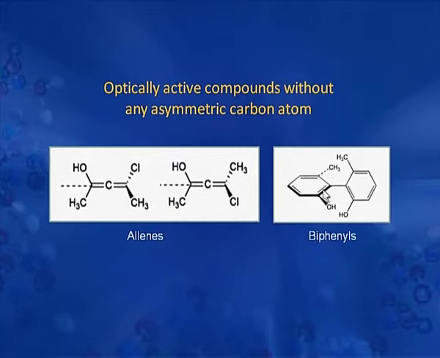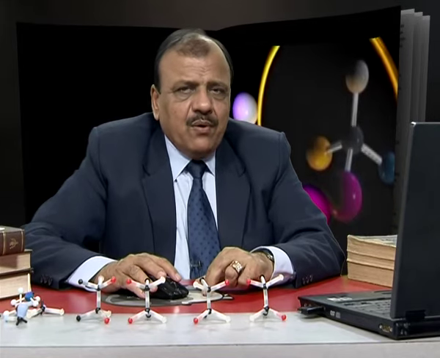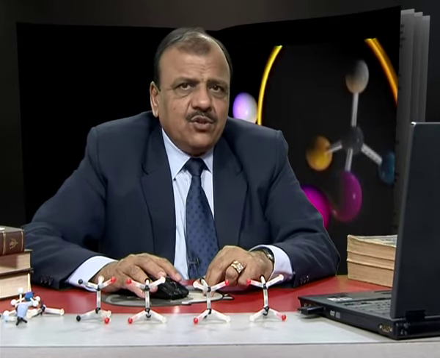Similarly, in the case of biphenyls, this axis also is there, due to which the molecule acquires this stereochemistry. In both these cases, these groups are not able to cross over each other and they give rise to stereoisomerism. So, this is all about the optical isomers.